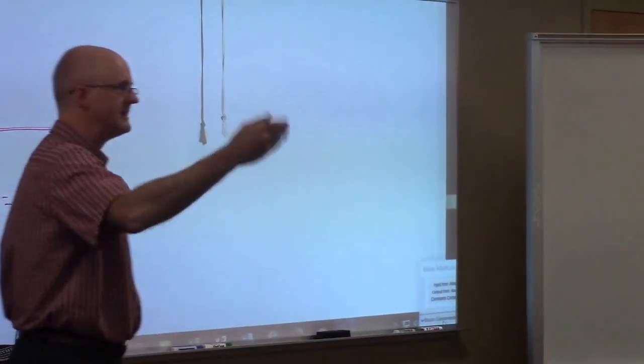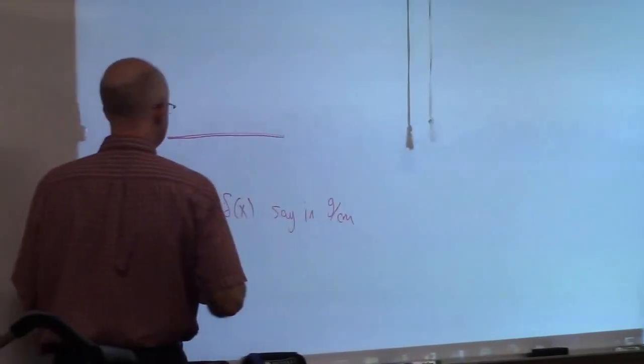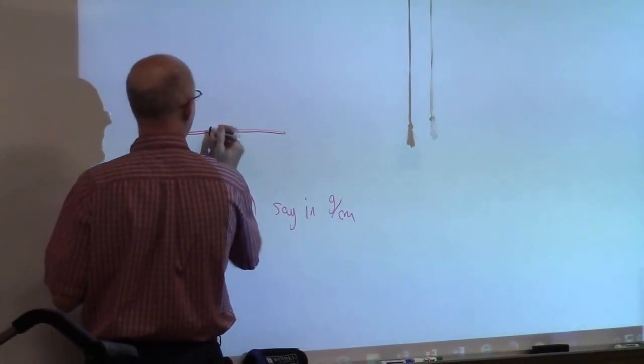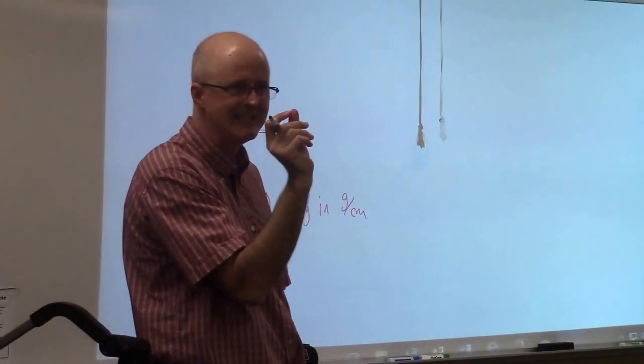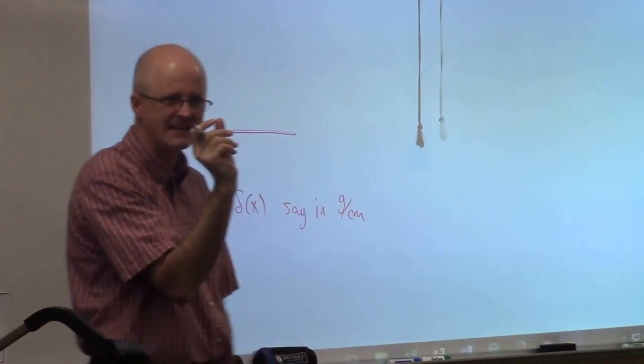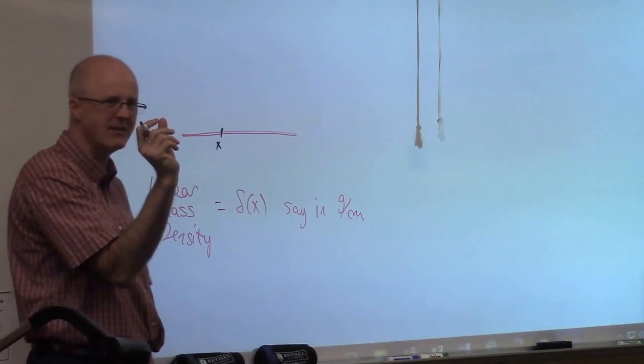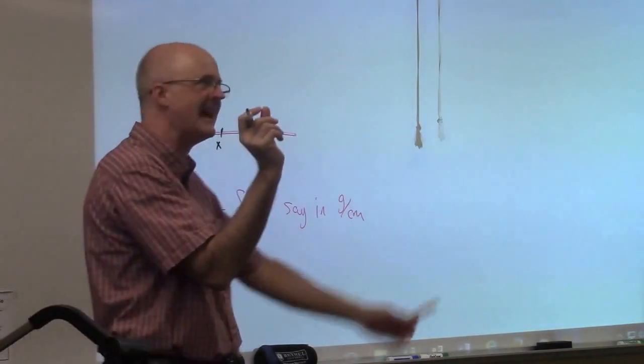Get your knife out, you slice it at some value of x into an infinitesimally tiny piece. It's got infinitesimal length. What should I call that infinitesimal length? What do you think I'd call it? dx, yeah.